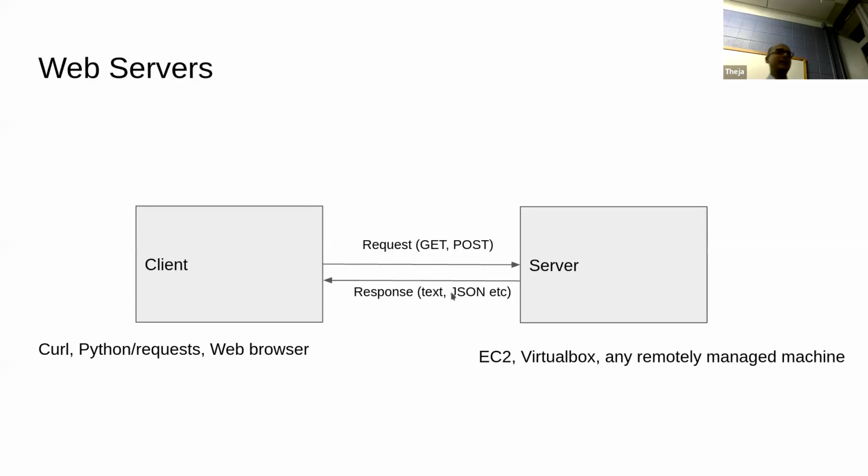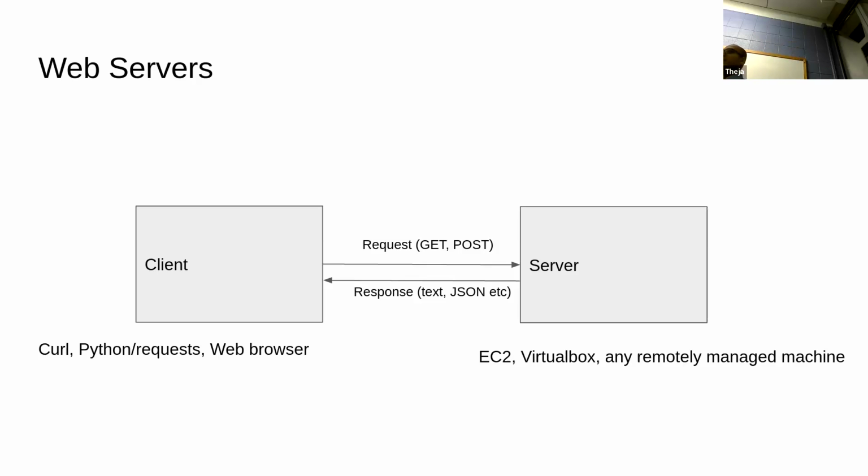Okay, and where does the server live? As I said, it's a program that needs to be continuously running. Obviously, if we are experimenting today, we'll just run it on our own local machine. So both the client and the server will be on the same machine, and they can talk to each other. But predominantly, they are going to be on different machines. In fact, client machines could be everybody's cell phones, browsers on individual laptops, work laptops, whatnot.